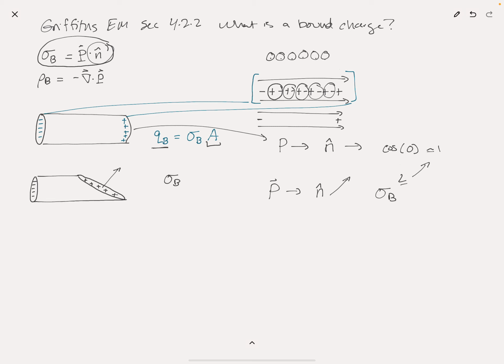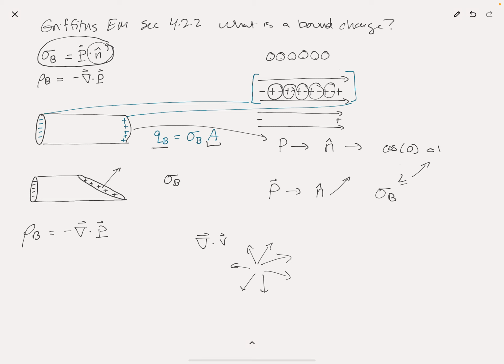Okay, now what about the volume charge density? This is having to do with the divergence of my polarization. All right, and I remember that divergences, if I take the divergence of some vector field, it tells me about whether there's some flow or some region of space that is being taken into other regions of space, so like a source or a sink.